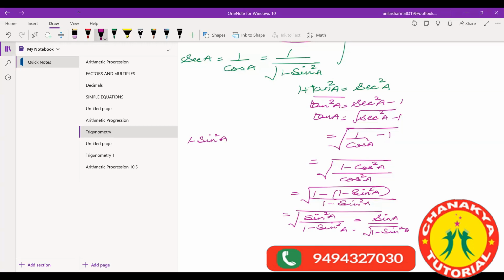So you can write 1 square minus sin square A. So you can apply the identity A square minus B square is equal to A plus B into A minus B. Right, beta? So this is not a whole square. If it were, it would be 1 minus sin A whole square, then you could take the factor out of the square root. Yes, ma'am. Yeah. Thank you.